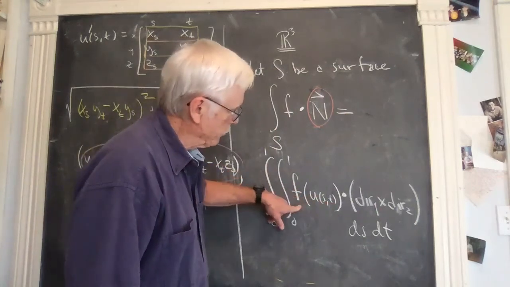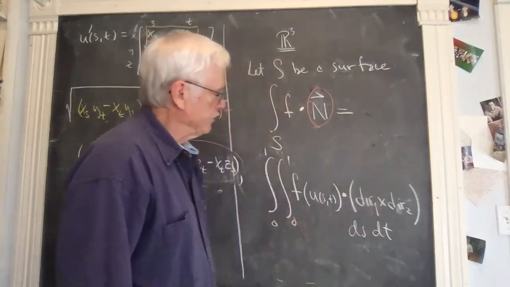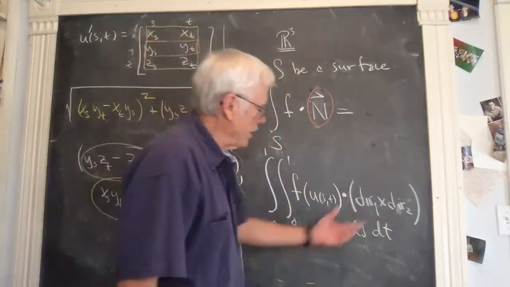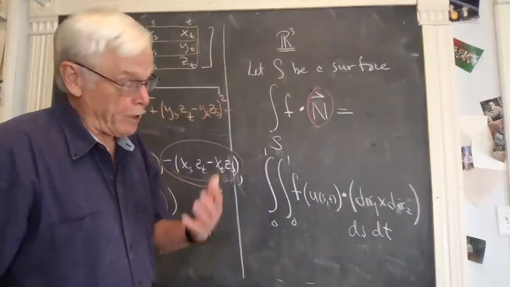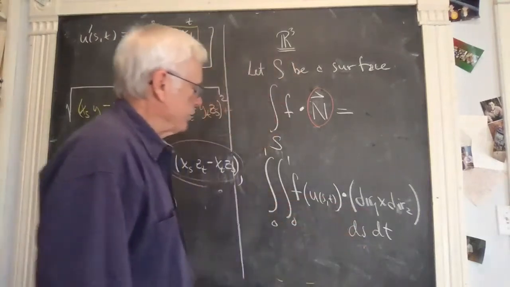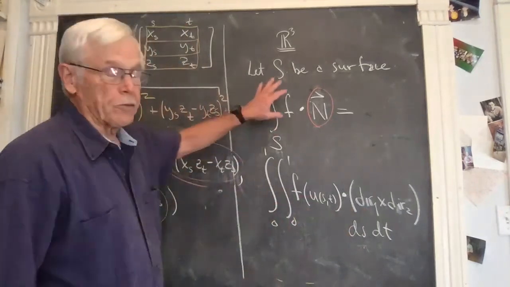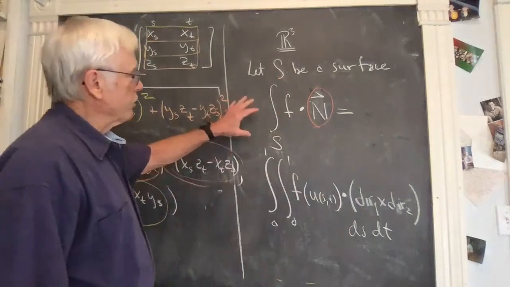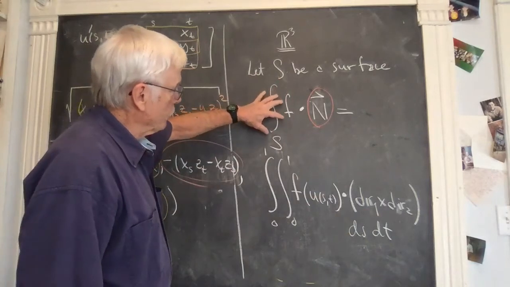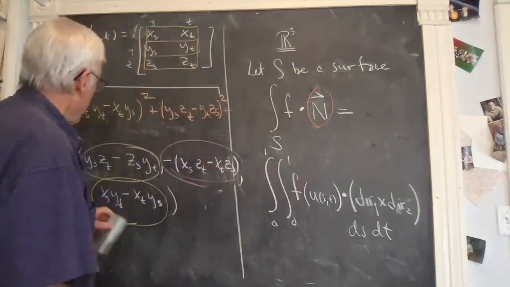This will be a 3D vector. dir1 is the derivative of this u with respect to s. dir2 is the derivative of u with respect to t. The cross product is a three-dimensional vector. It happens to be normal to the surface. This dot product integrated 0 to 1 ds dt will give this surface integral. And we're going to be looking at this surface integral. Notice that this is the integral across the surface because we're integrating the force in the n direction.